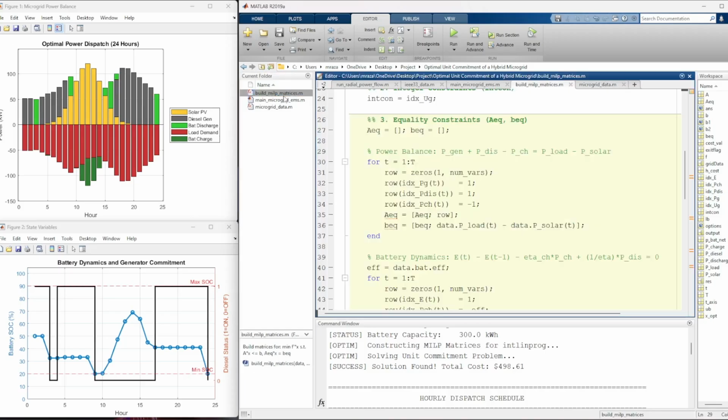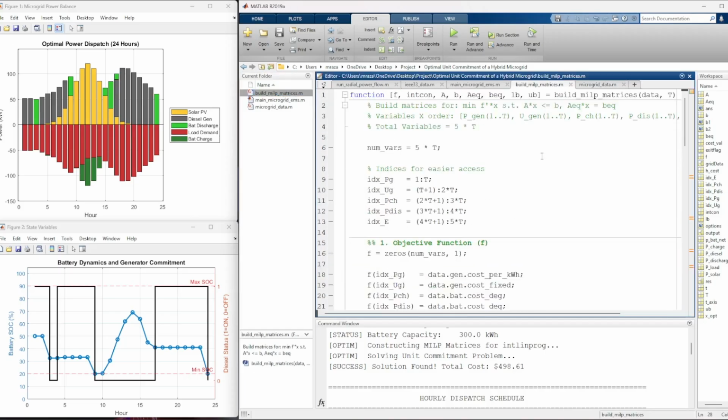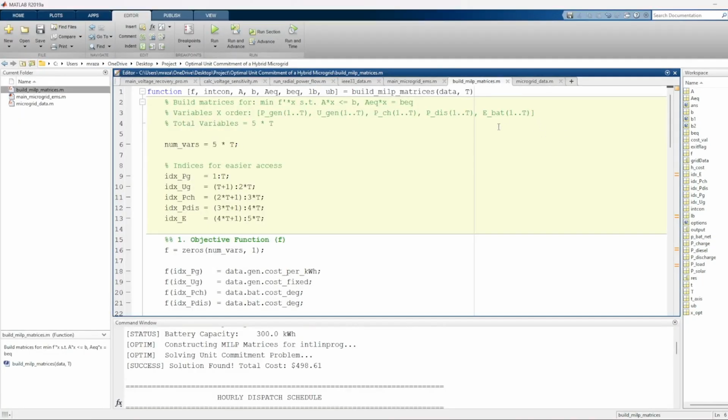So let me open this build MILP matrices file, which is mostly about all the parameters, how we set up the parameters. In this file, we mainly deal with 5 variables. The first one is P generation, which is the diesel generator power, which we have to inject.